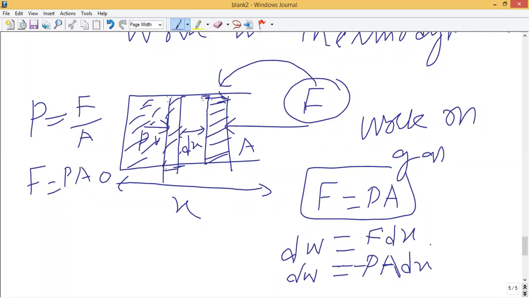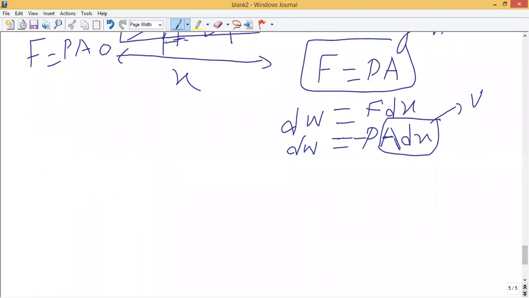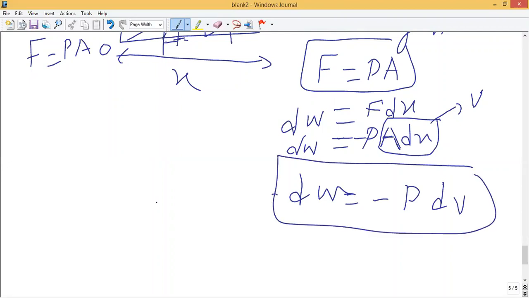Area into displacement is known as volume. You multiply this displacement dx with the area, the piston has moved, so that gives the volume change of the gas. So we can write dW equals minus P dV. So this is work in thermodynamics.